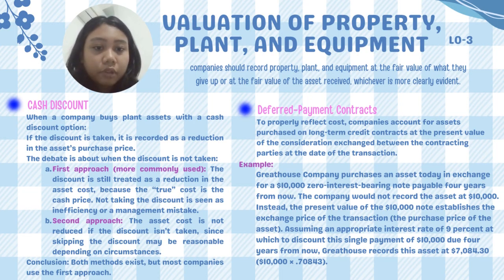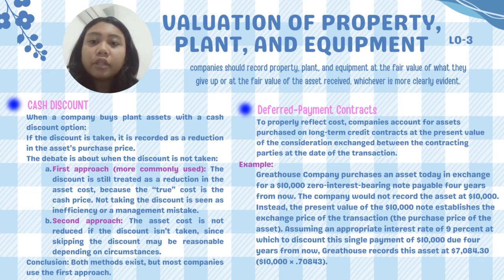The company would not record the asset at $10,000. Instead, the present value of the $10,000 note establishes the exchange price of the transaction, the purchase price of the asset, assuming an appropriate interest rate of 9% at which to discount the single payment of $10,000 due 4 years from now.